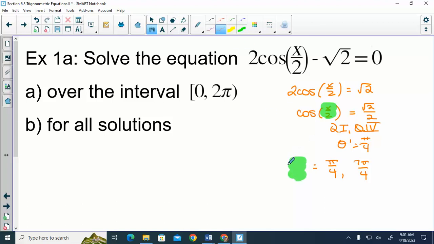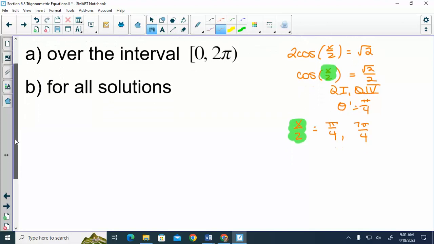So that means x over 2 is equal to pi over 4 and 7 pi over 4. So if you want to solve for x, what would you have to do? So pi over 4 times 2 is pi over 2. 7 pi over 4 times 2 is 7 pi over 2.